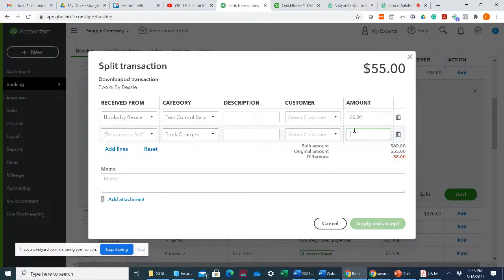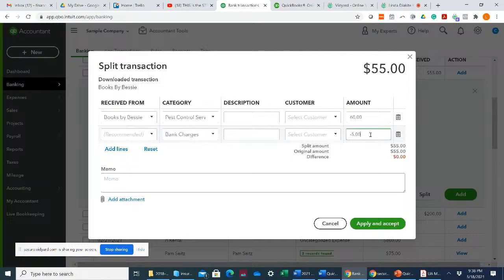Then over here, what you want to do, you want to put, so what is this? The split amount, that's 45. What did I do here? 15. I thought I had put it in correctly. Minus 55. Oh, sorry.